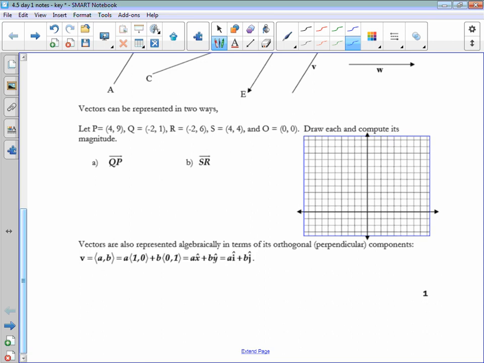So go ahead and put a dot there. And P is at 4, 9. So you get to draw. And I would label them, so this was Q, this was P.